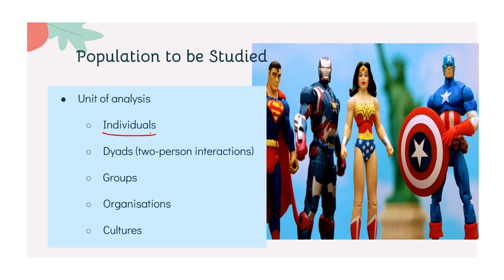Okay, so that's an example. If you are looking at dyads, then you are going to be studying two. For example, you want to study husband and wife's interaction with their children, or you want to study subordinates and supervisors' relationship, then you are doing dyads.